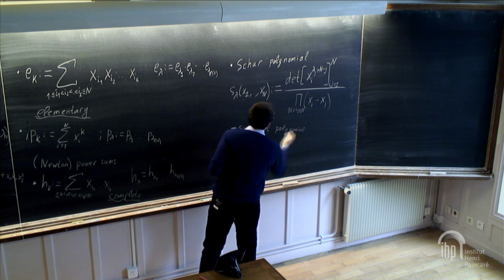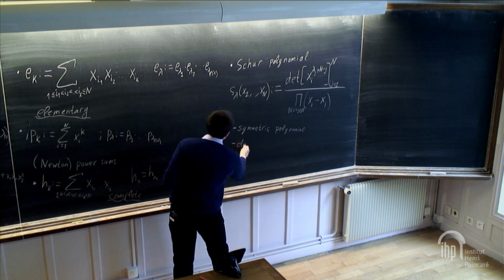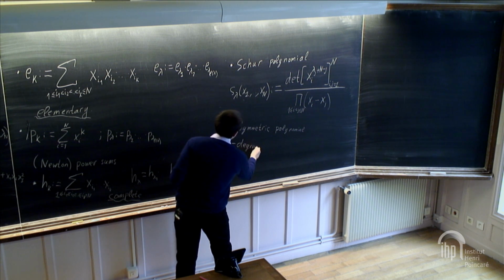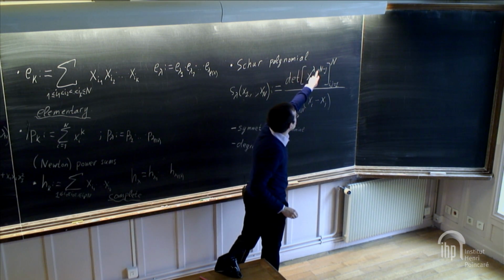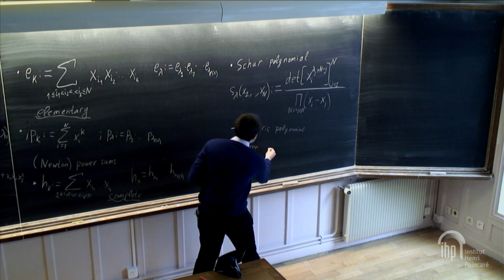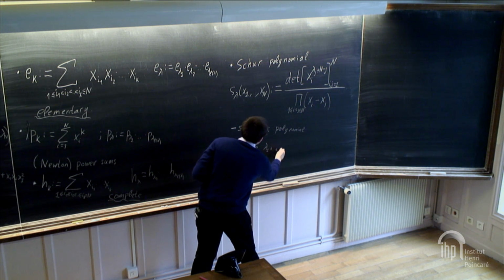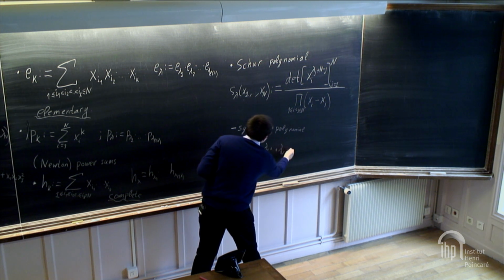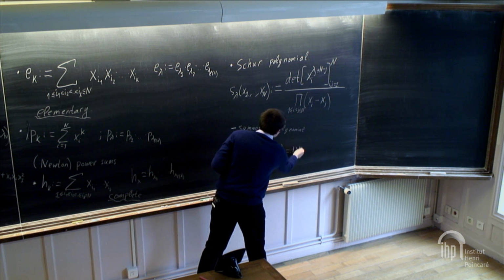Also, it will be nice to know what the degree of this symmetric polynomial is. We have this shift here, lambda_j plus n minus j, but then we divide, and we can see that the degree of the Schur polynomial is lambda_1 plus ... plus lambda_n, and this quantity I will denote as the absolute value of lambda.